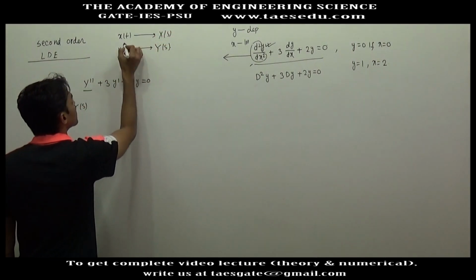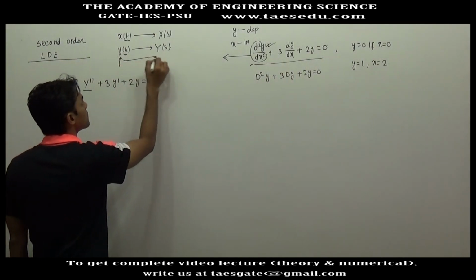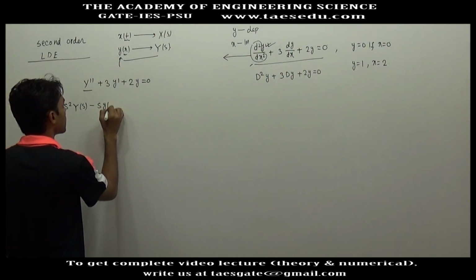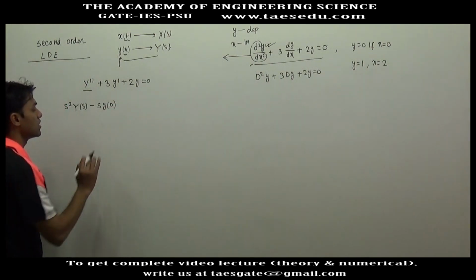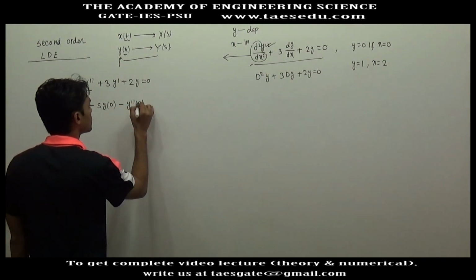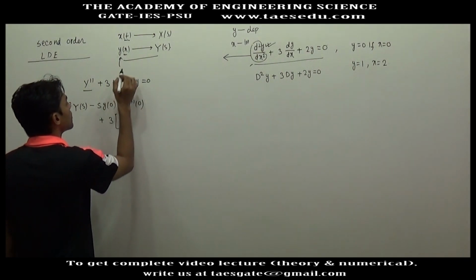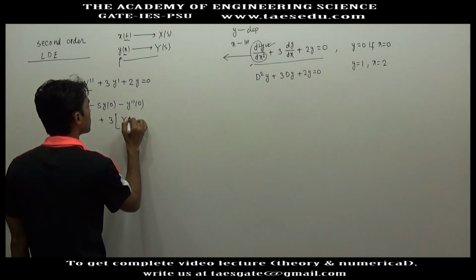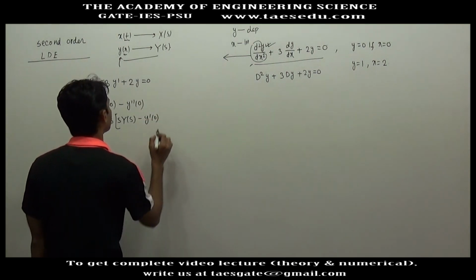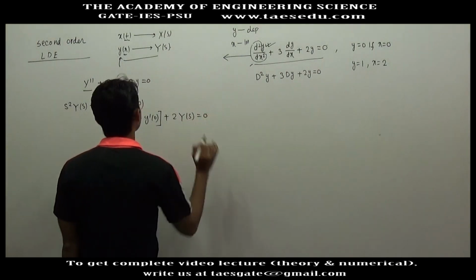In the same way, here x is the independent variable, so y(x) has Laplace capital Y(s) minus s y(0), the initial value of y, minus y dash 0, plus 3 into the Laplace of y dash(x), which will be s Y(s) minus y(0), plus 2 capital Y(s) equal to 0.